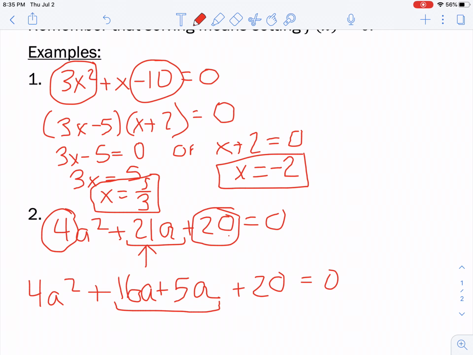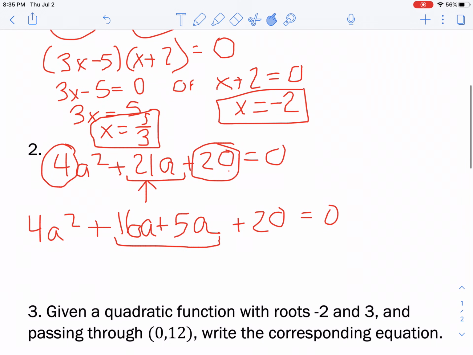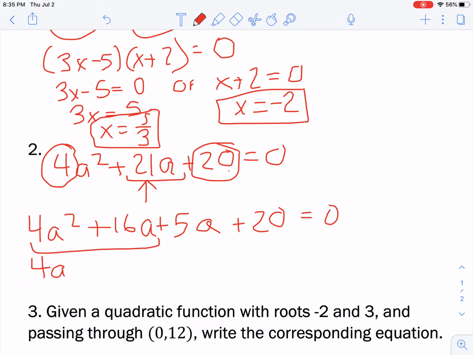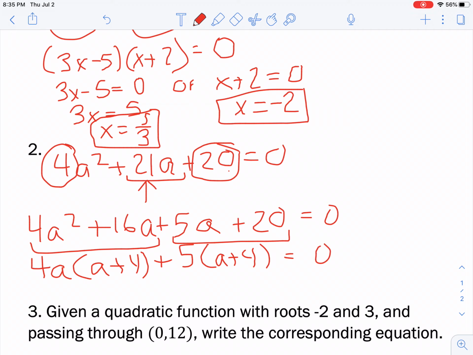And then with decomposition, what I can do is look for a common factor in the first group of terms. So in the first group of terms here, I can pull out a 4 and an a, and I'm left with a plus 4. And in the second group of terms, I can pull out a 5, and I'm left with a plus 4. So I have this really nice common factor.